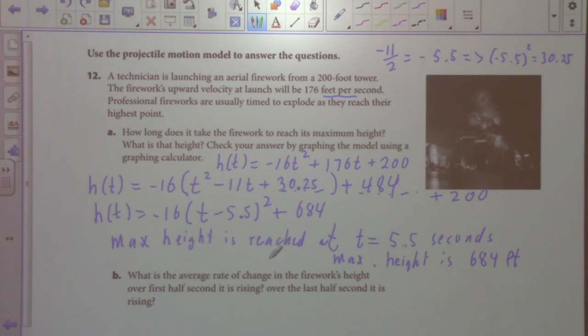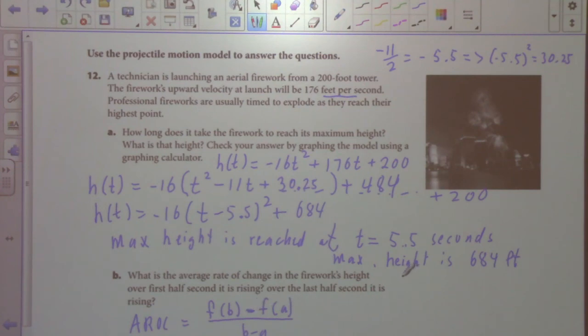And then the last thing we have here is part B. What is the average rate of change in the firework's height? How do we find average rate of change? We have to look at A. Average rate of change is equal to f of B minus f of A over B minus A. And this is just a version of the slope formula.